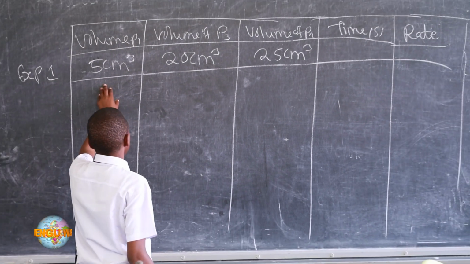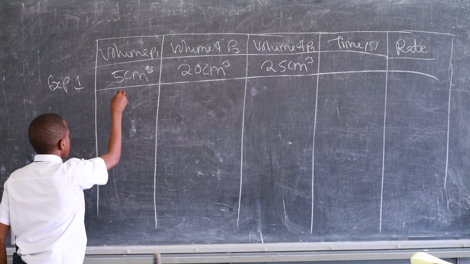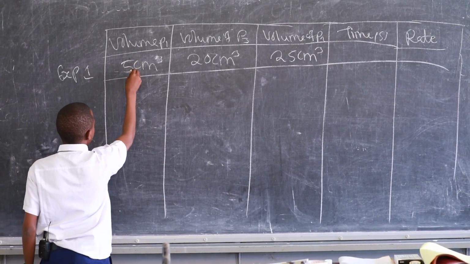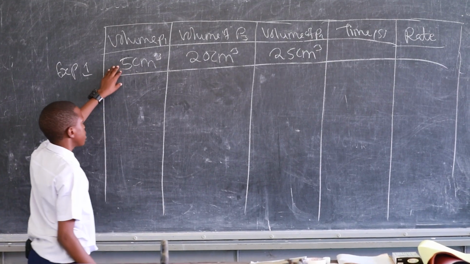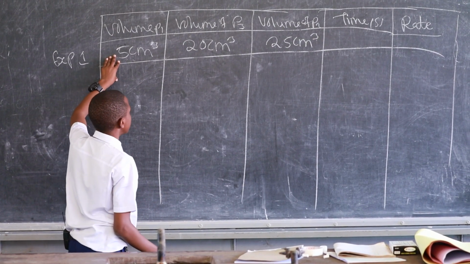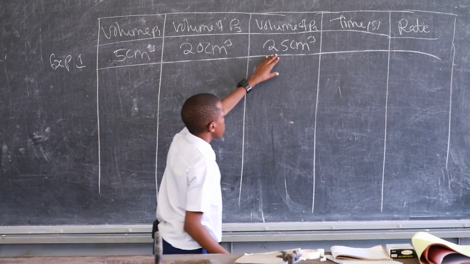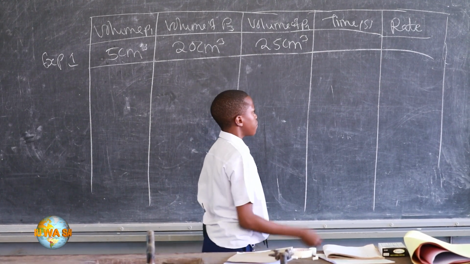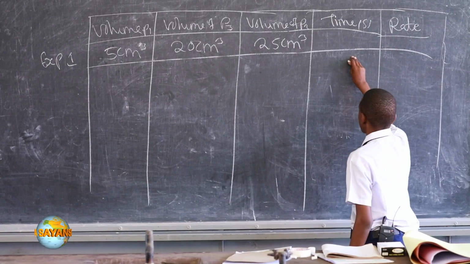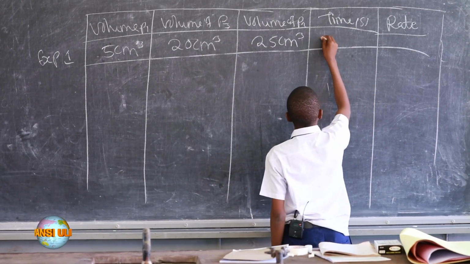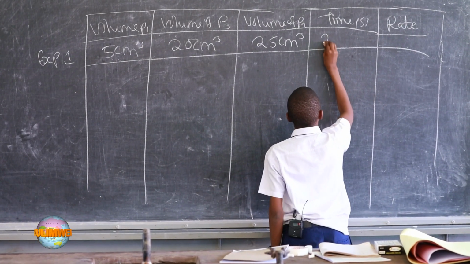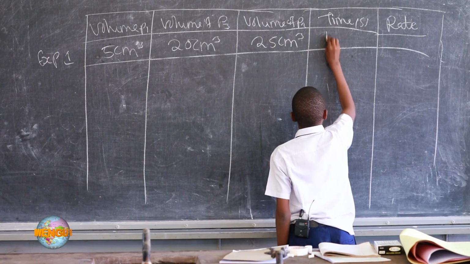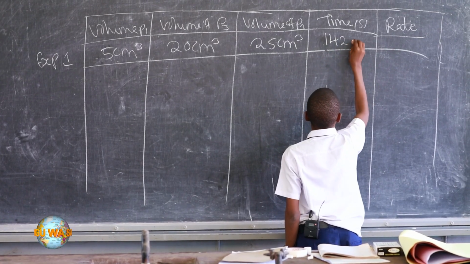For the reaction between 5 cubic centimeter of sodium thiosulfate and volume of P2, which is 25 cubic centimeter, the time taken for the reaction is 142 seconds.